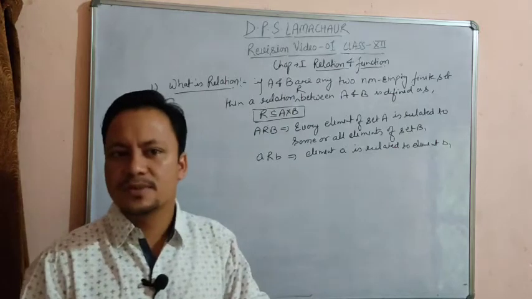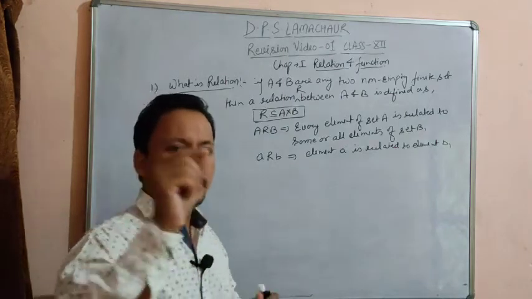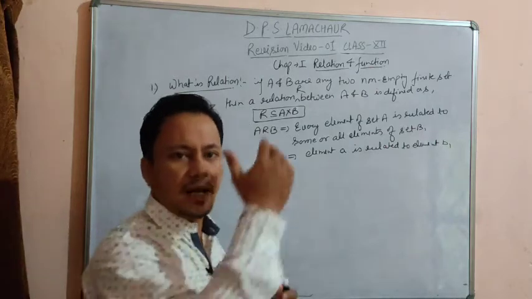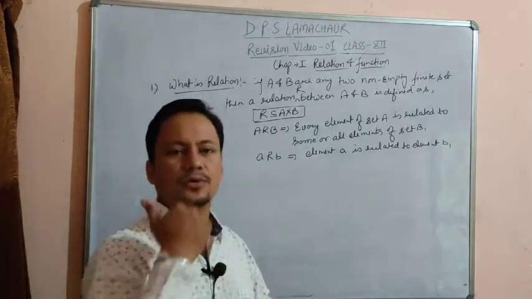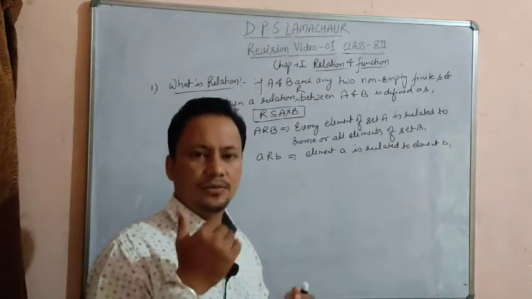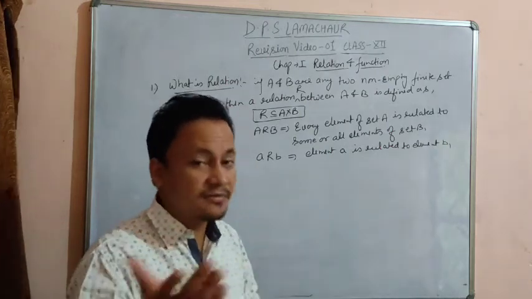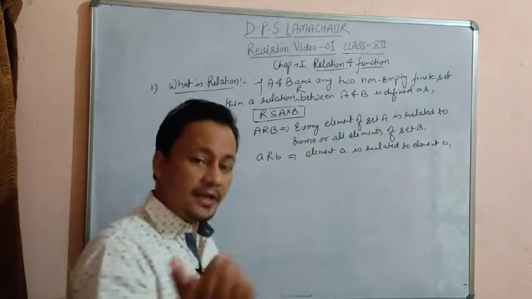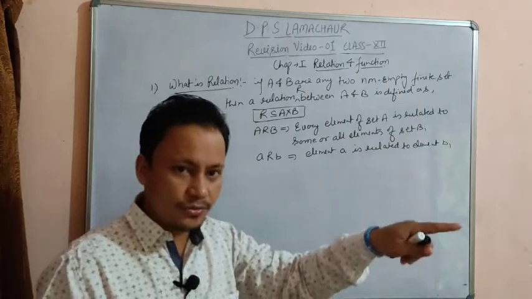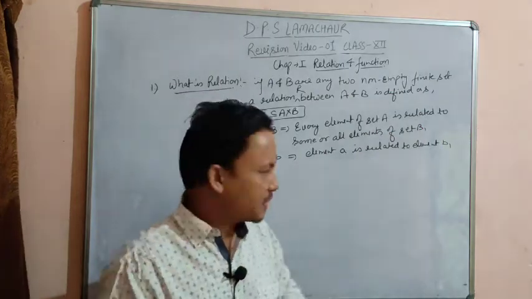Why? Because you are taking your classes and your education at that particular institution. You are enrolled there. That's why you are related to DPS Lamachod, and if you are related to it, then you will be a subset of this institution. Understand it in that manner.